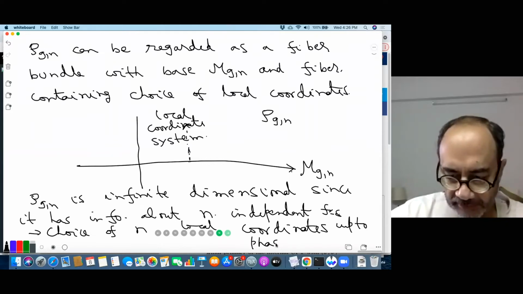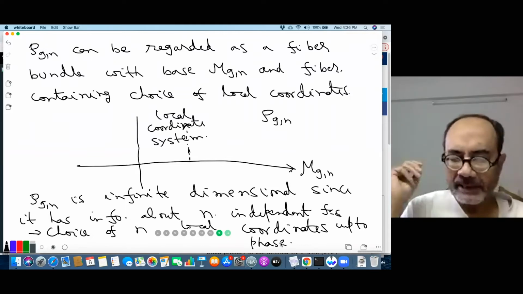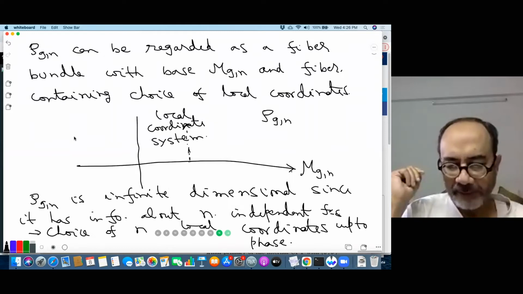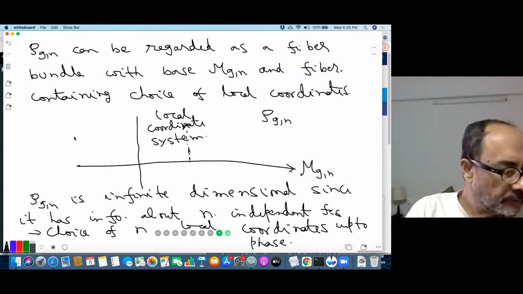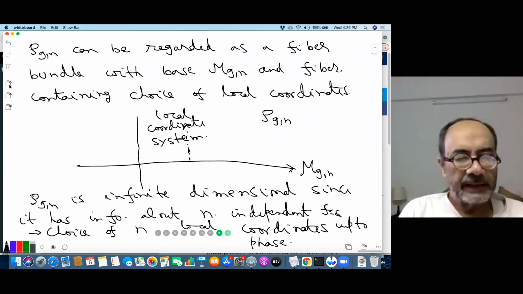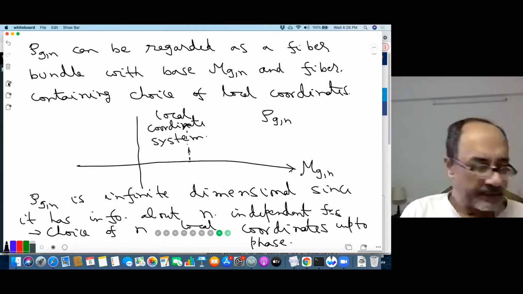If you just change the phase of the local coordinate, it's considered as the same point in PGN. If there are questions, please ask at this stage.